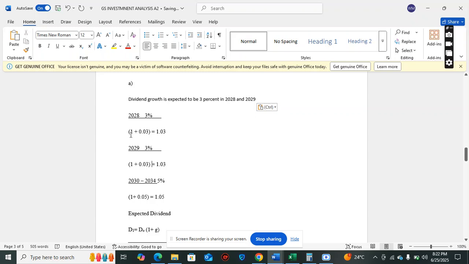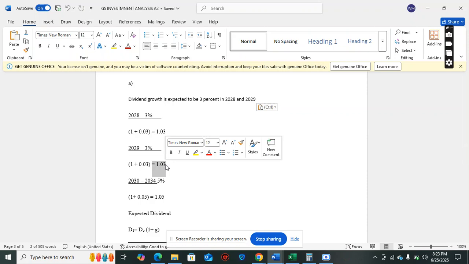So here, this is the 1 plus G. The growth rate, you always convert it into a decimal. That's why I put 1.03 for 2028 and also 2029. This 1.03 just represents a 3% increment or a 3% growth.